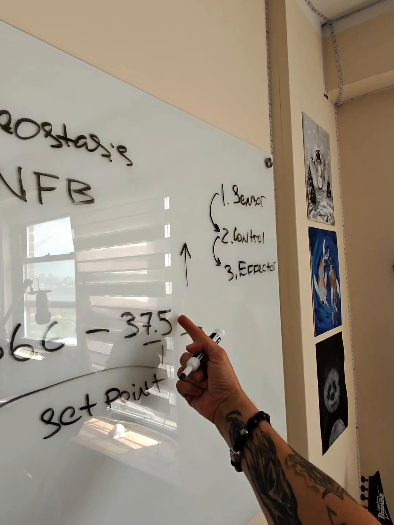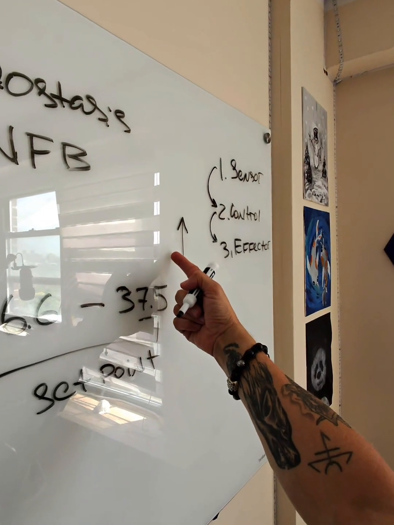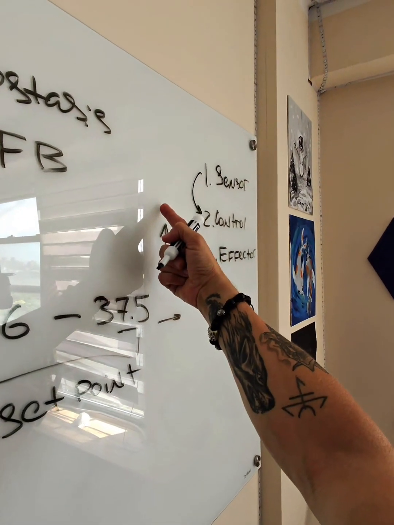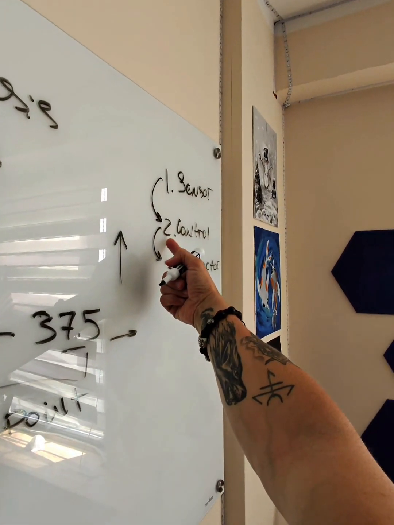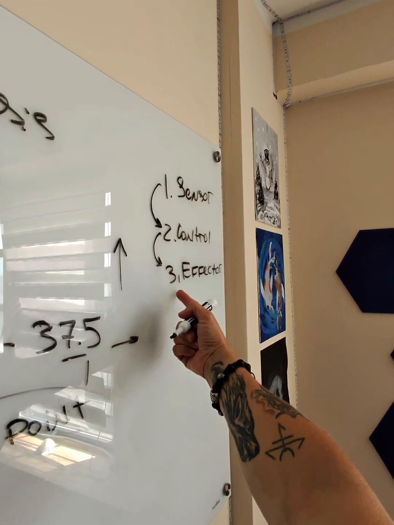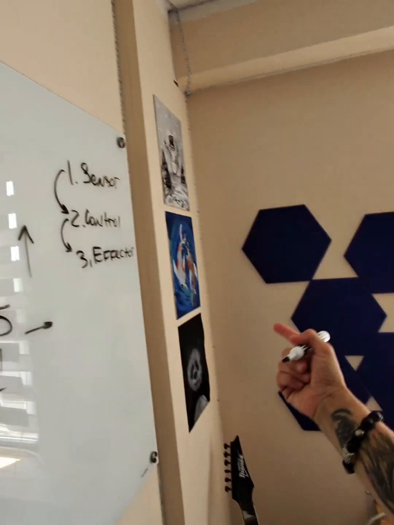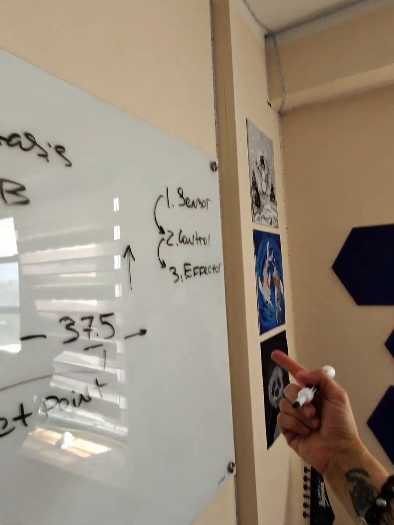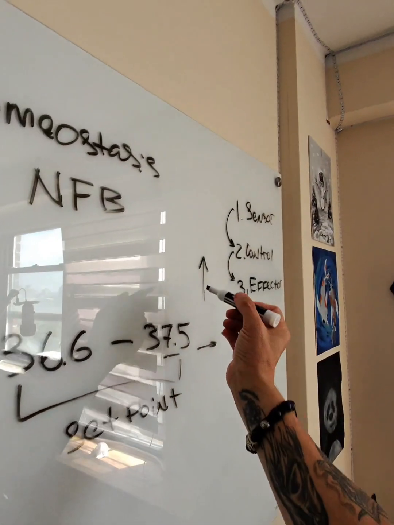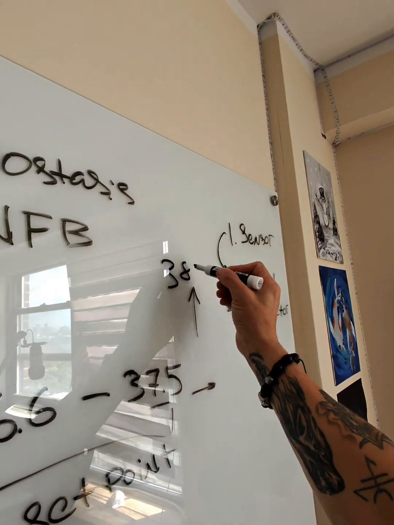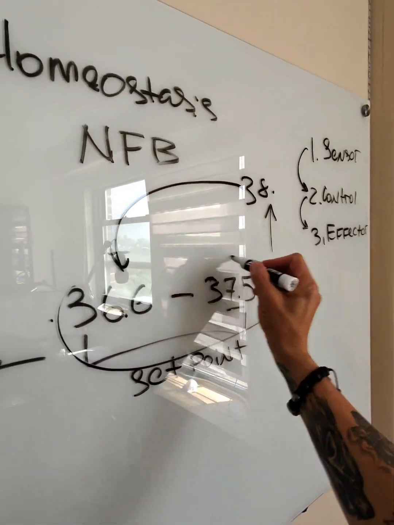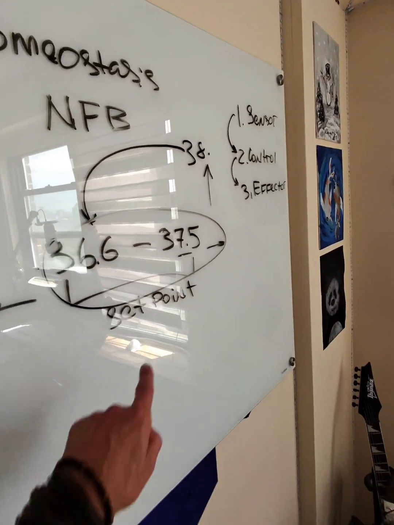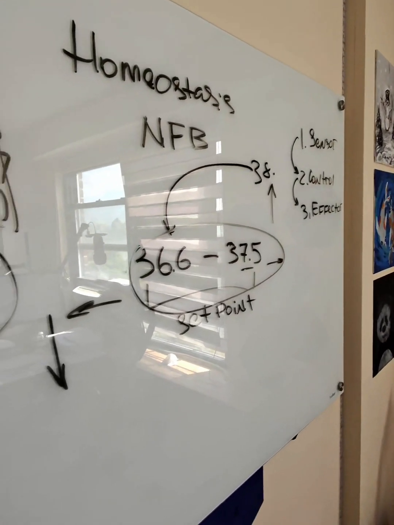When the temperature climbs above 37.5, say to 38, sensors detect that and communicate it to the control center, the brain, which communicates with the effectors, other organs or organ systems, to decrease the temperature back within the range set by the system.